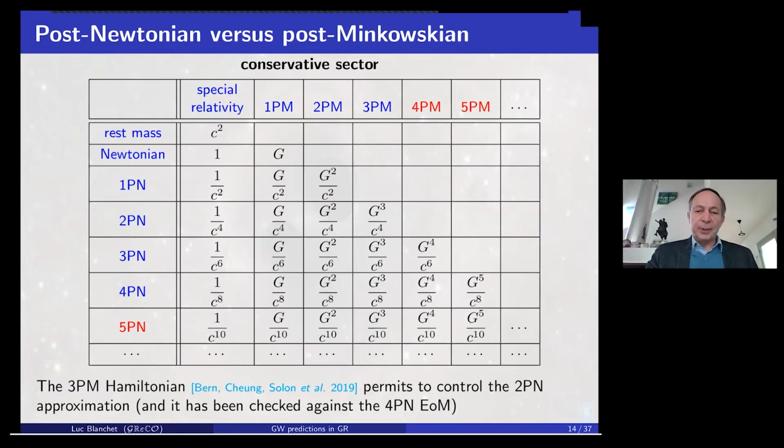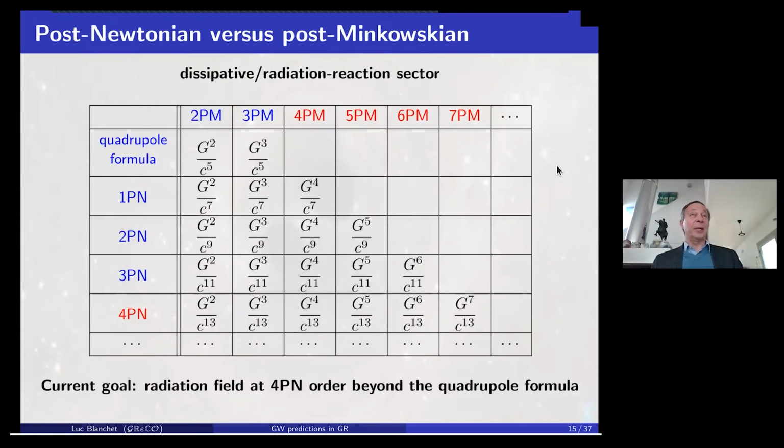The previous diagram was for the conservative part of the dynamics, but there is also the dissipative part of the dynamics associated with radiation reaction, which starts at the lowest order with the Newtonian quadrupole formula, followed by many post-Newtonian corrections. But the quadrupole formula itself starts with G squared, so it can be computed using the 2PM approximation.